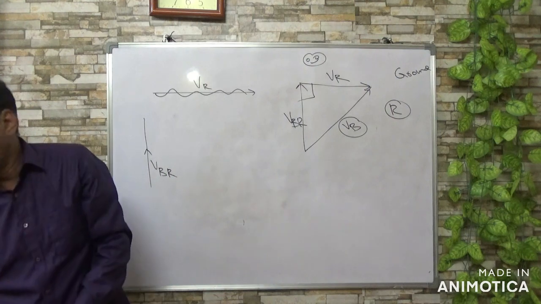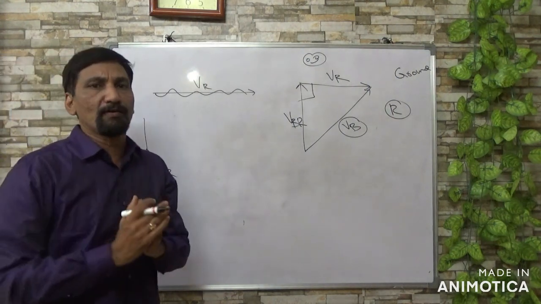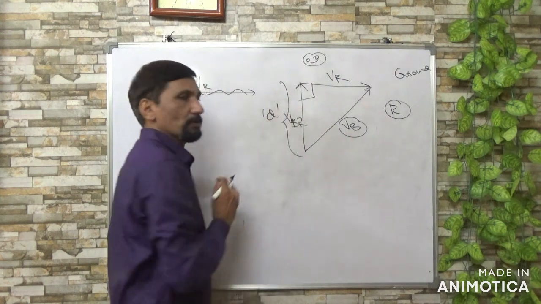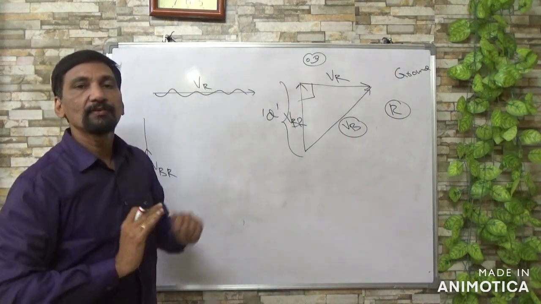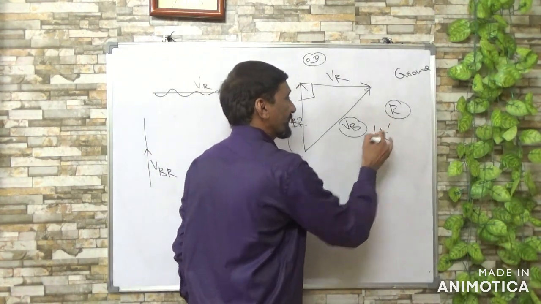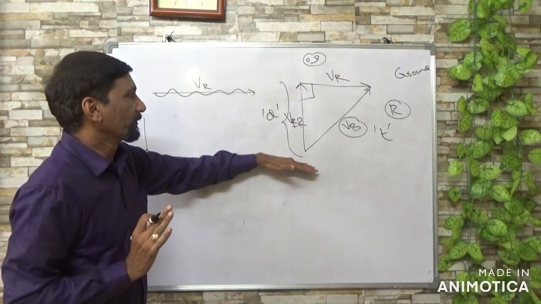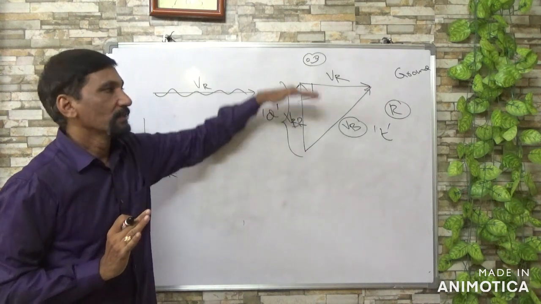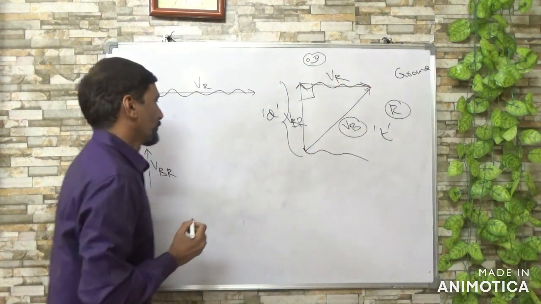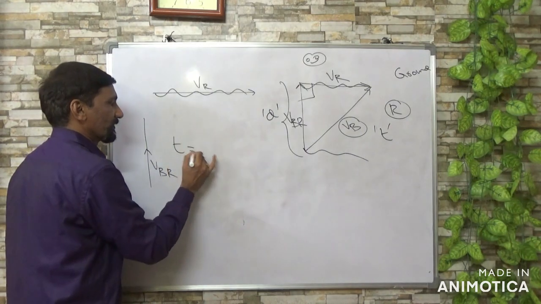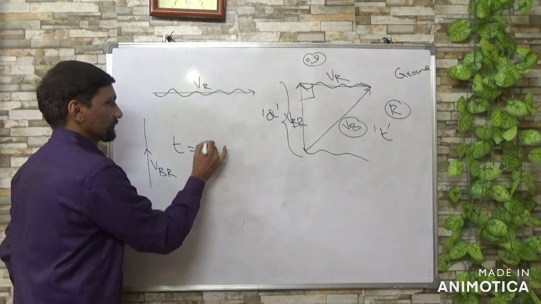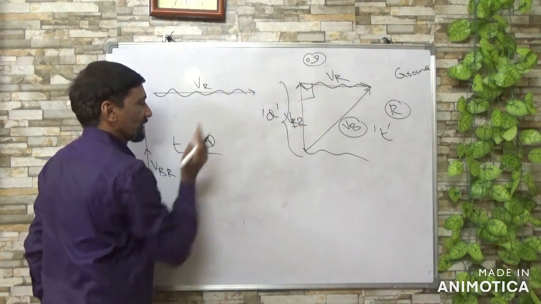Okay. Now under this you will be given a number of questions. So let us assume D be the width of river. Now you want to find the time taken to cross the river. So time taken is equal to width by corresponding velocity.